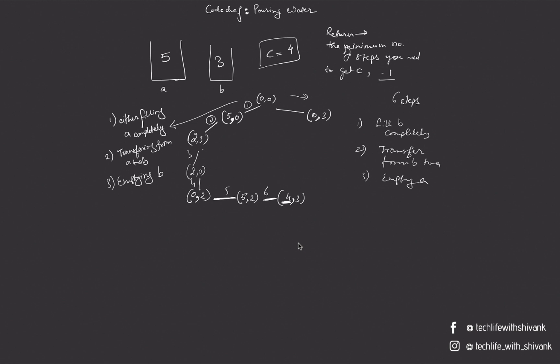And for case 1, we simulate it by adding water into A and emptying into B. For the example which we saw earlier, we added water into A here, and then we transferred, and then we added water into A here again. So we added water into A 2 times.